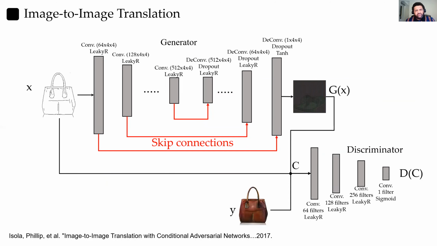One of the successful image-to-image GAN architectures is the one designed in this paper. And it's relevant to our results to say that the generator in this architecture has a bottleneck-like architecture, and it has skip connections.